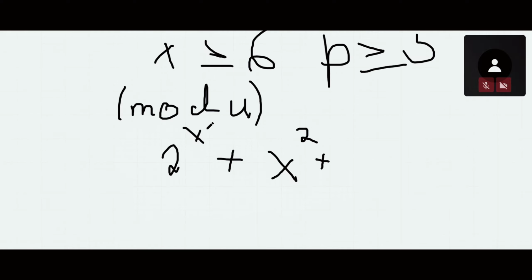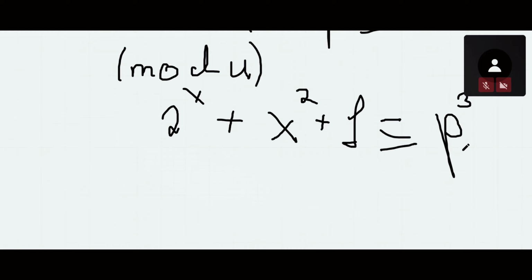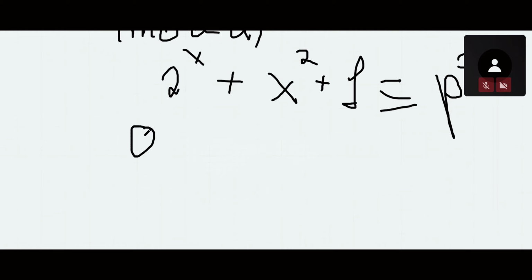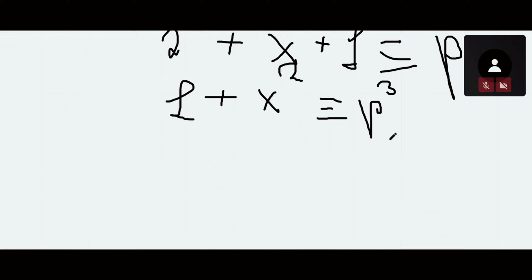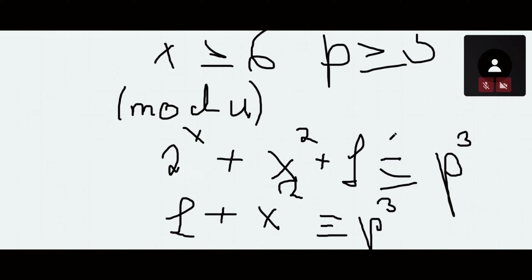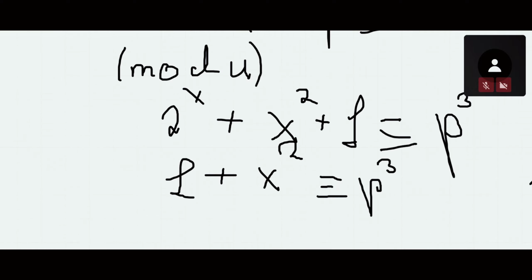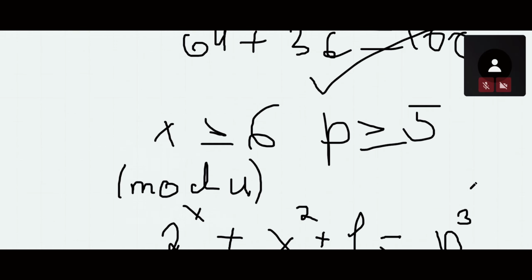If we divide 25 by 4, there's a remainder of 1, and that is equivalent to p cubed. So 2 to the power of x is 0, as we said already, plus 1, it makes 1 plus x squared equivalent to p cubed.